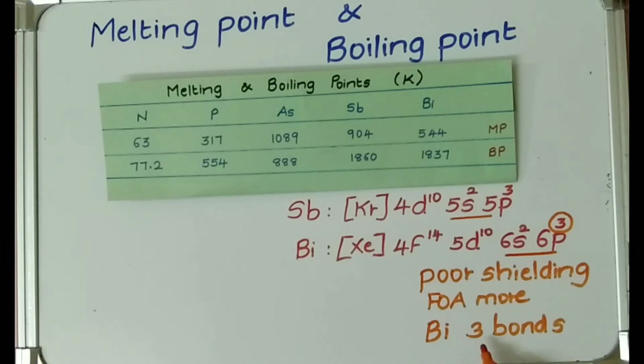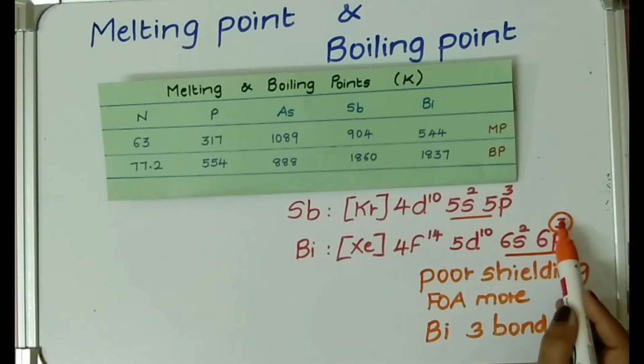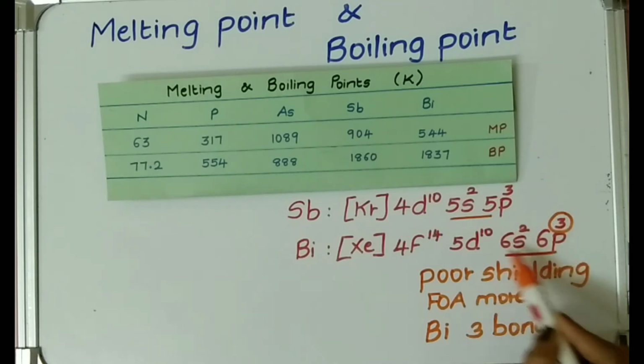So bismuth will form 3 bonds, correct, only 3 bonds. Suppose the inert effect is not shown by bismuth, okay, then all the 5 valence electrons will be available for bonding. Then it will form 5 bonds.